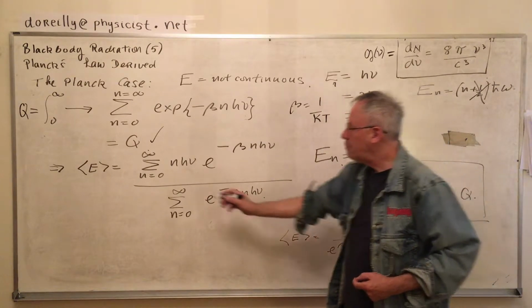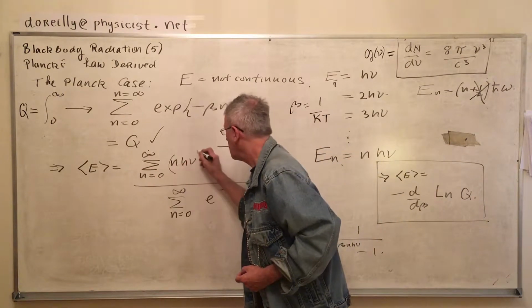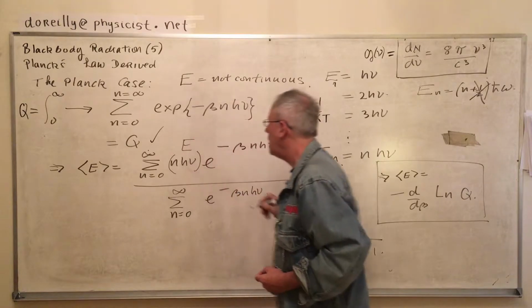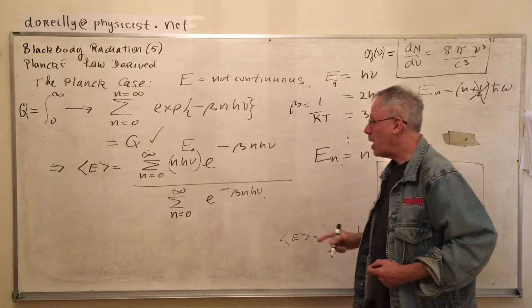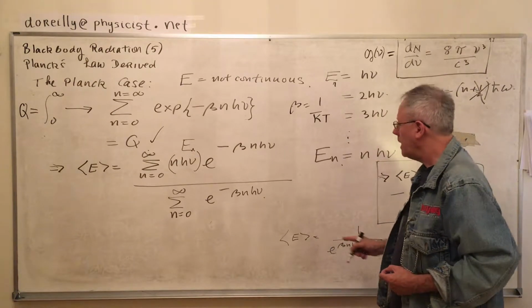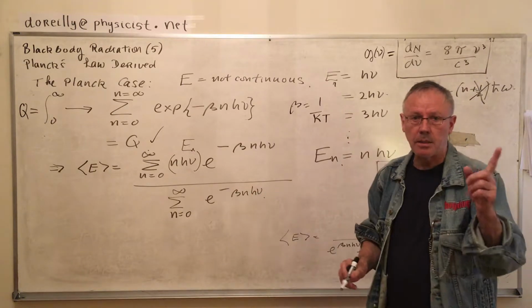Now, the expectation value of the energy is what we get when we put the energy in here, and it's En. There they are up here as well. And that we can write in the exact same way, and I'll do this in a minute.